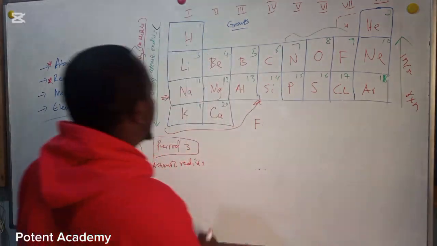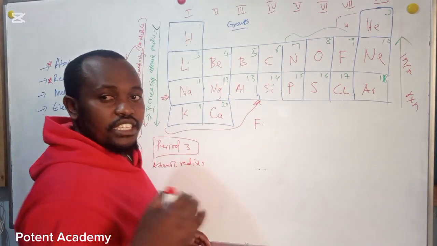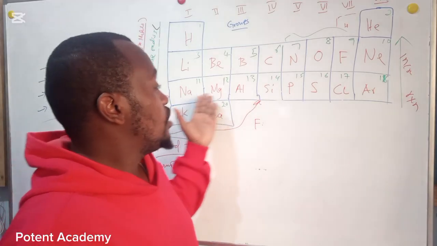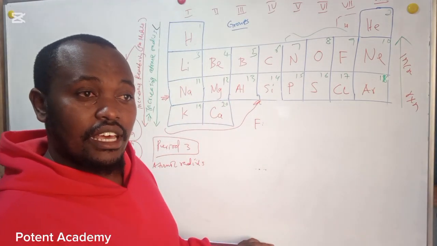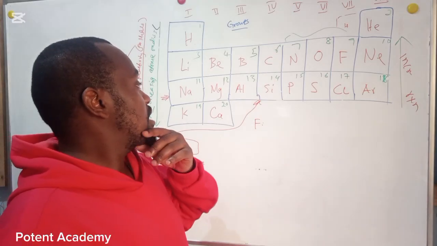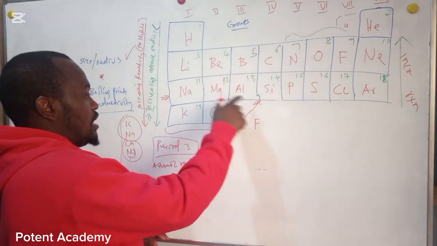Now, what we had noted is that when you are going down the group, the number of energy levels determine the atomic size. Now, when we are going across the period, we have the same number of periods. So for this one, they have 3 energy levels.